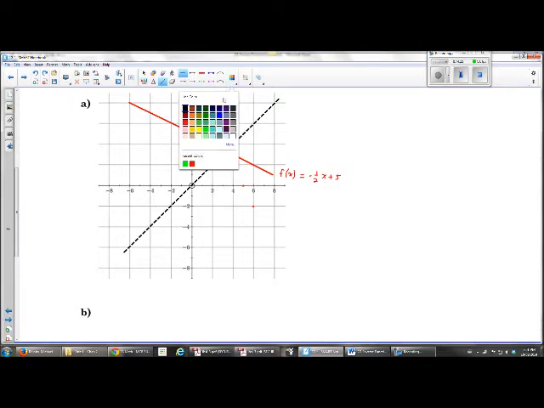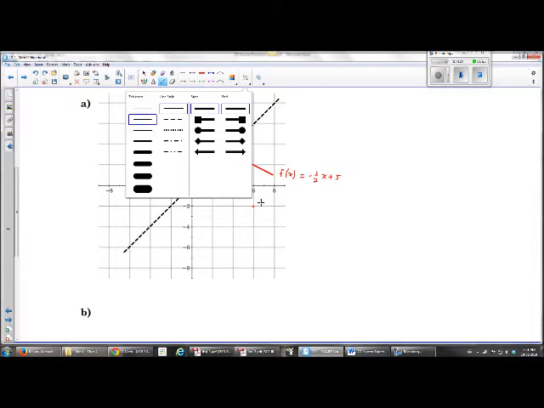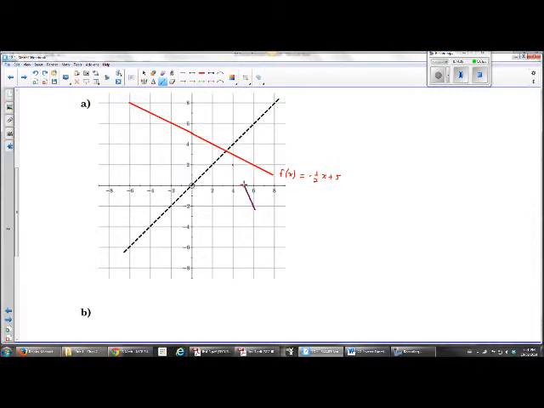I'm going to graph this in mauve, if I may use the word mauve. I'll see if I can graph this through those points the best I can, and then extend it down in this direction also. Okay, more or less like that.